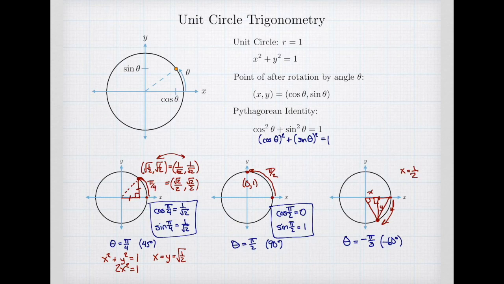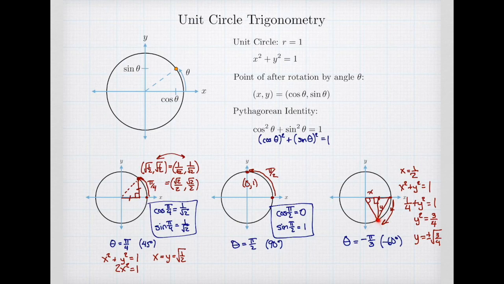And how would I find the y-coordinate? Well, my y-coordinate comes from solving the Pythagorean identity. x squared plus y squared equals 1. And I know that x is a half, so when I square it I get a fourth. Solving for y squared, I get y squared equals 3/4, and y is either positive or negative square root of 3/4. The way that I decide if it's positive or negative is based on where I am in the graph.